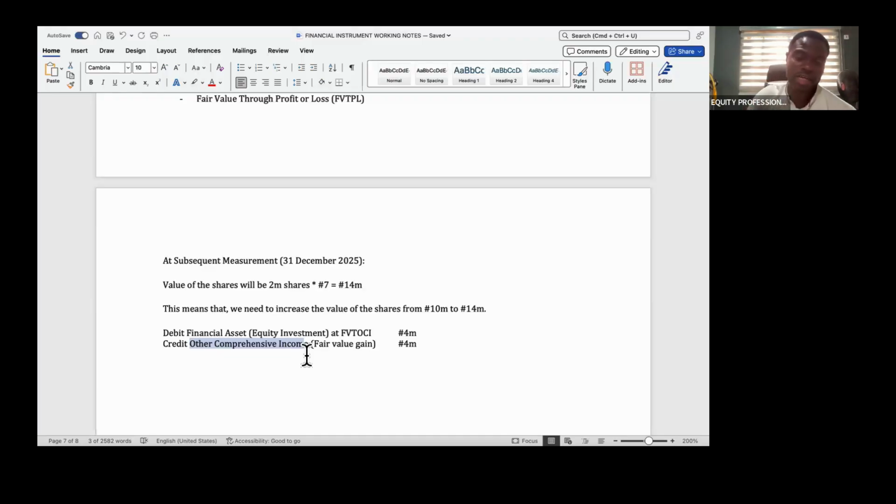In that case, any changes in fair value would be recognized to PL. But because it is measured and classified at fair value through OCI, that's why we are transferring this gain to OCI.